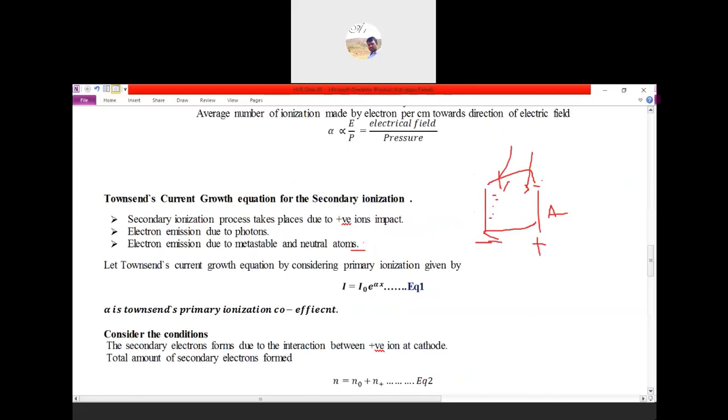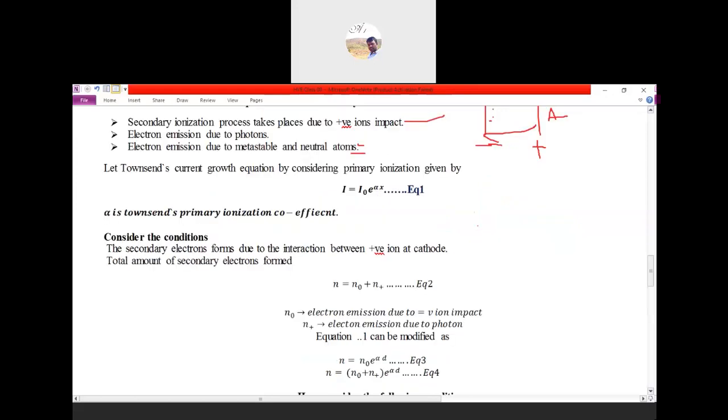Whenever the free electrons flow towards the anode side, the positive ions flow towards the cathode side. Due to the impact of positive ions on the cathode side, electrons are produced.